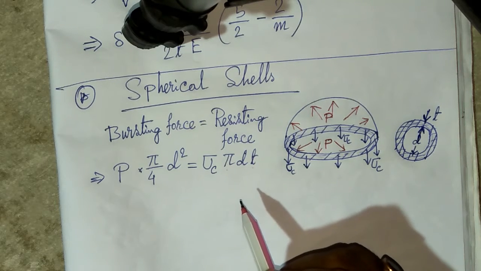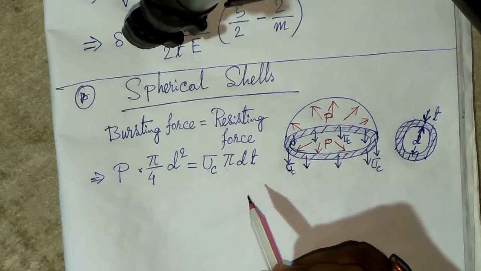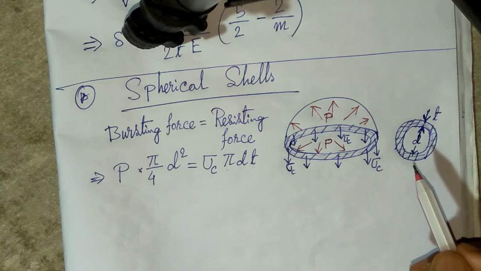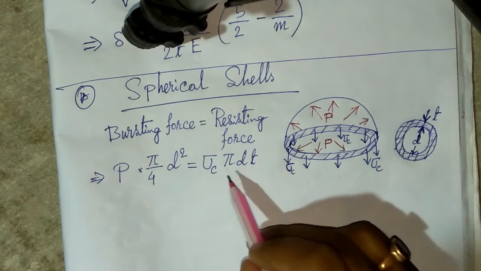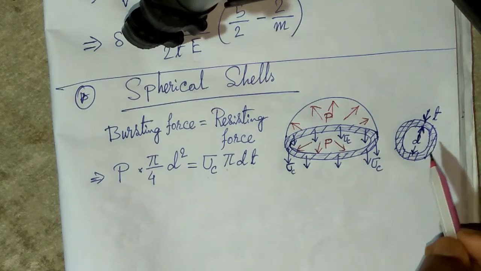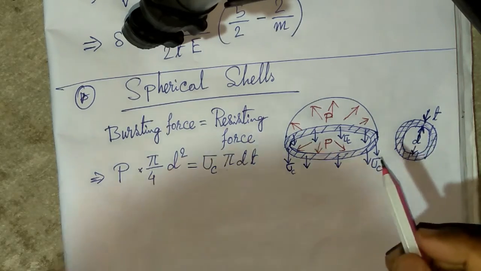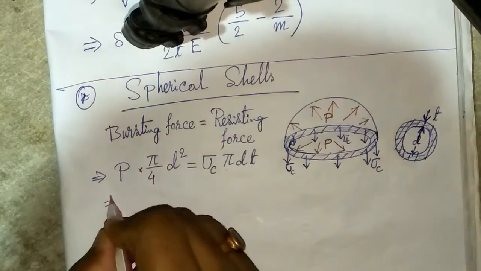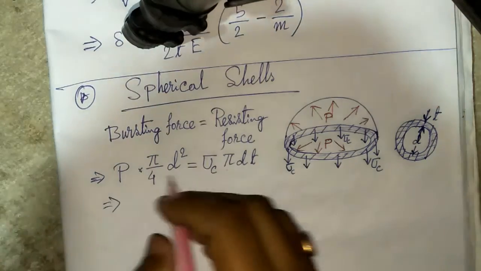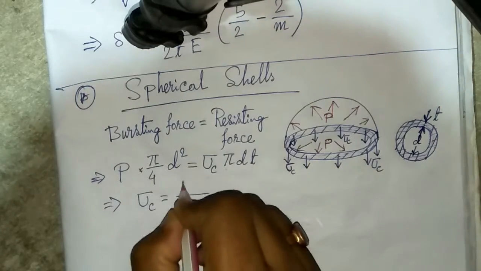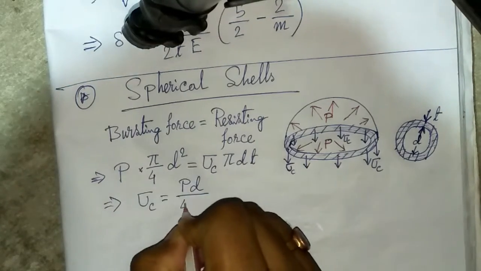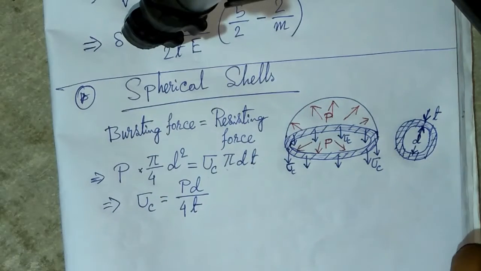Because sigma c is the stress, which is the material property, it comes from the material, that's why there is sigma c into the area of the material. So the hoop stress for a spherical shell becomes sigma c equals pd by 4t.